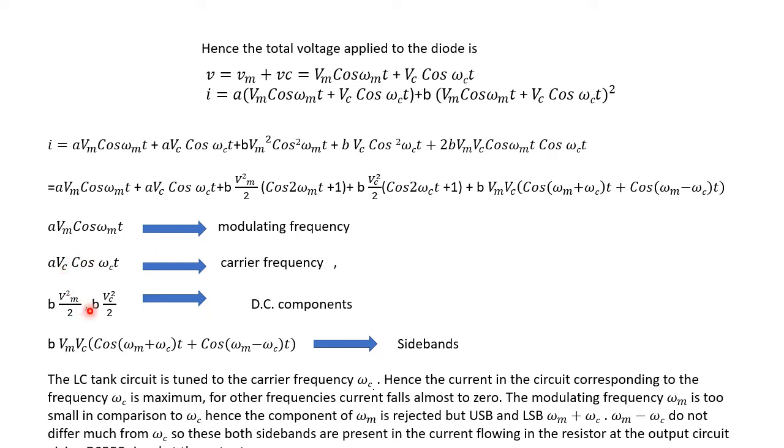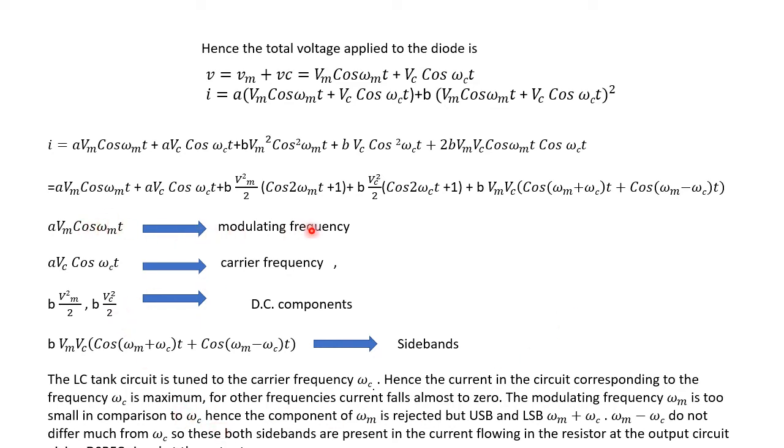Similarly, the constant terms, that is B Vm square by 2 and B Vc square by 2, these are the DC components. They will also be suppressed at the output because the resonant frequency is fixed at omega c.